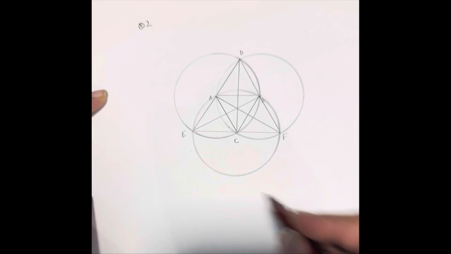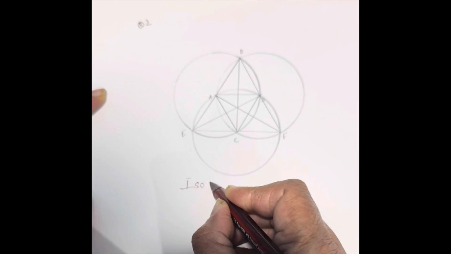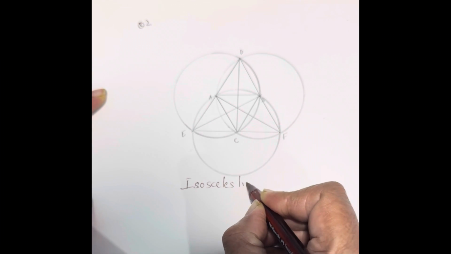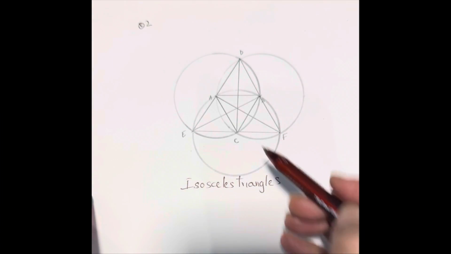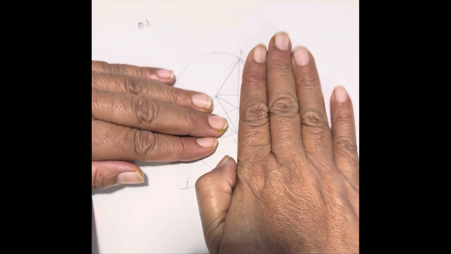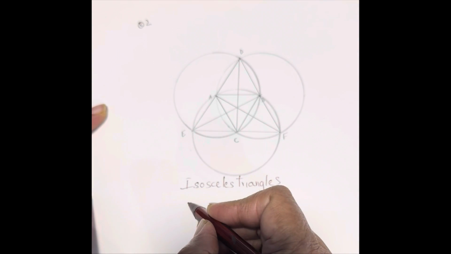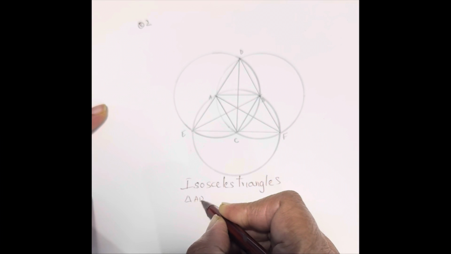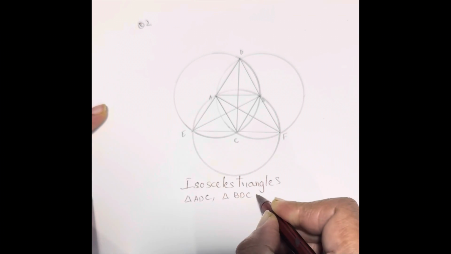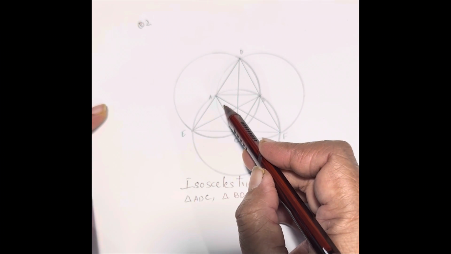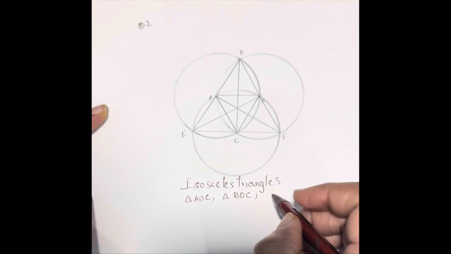So many triangles are formed. You just need to identify which are isosceles triangles and which are equilateral. So first we write down the isosceles triangles. Like we observed previously, ADC, and then the opposite side DBC. So triangle ADC, triangle BDC. Then if we come to this side, we take AEB and ECB.